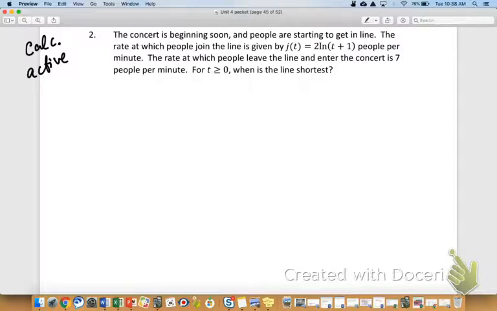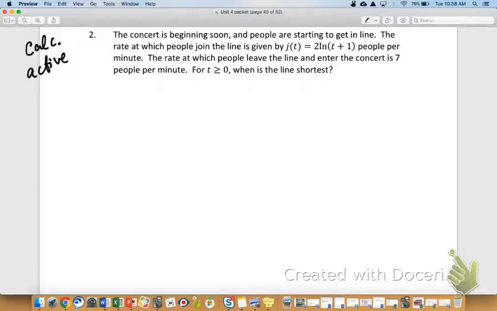Yeah, with the net rate of 0, you're talking about doing a derivative.